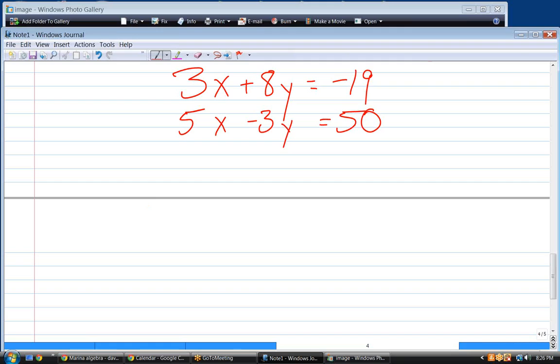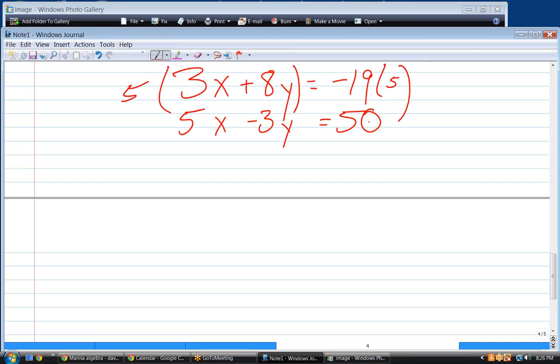First of all, are we going to solve it by substitution or elimination? Elimination. Okay. How are we going to eliminate one of the variables? Multiply the 3x plus 8y by 5. The whole equation.